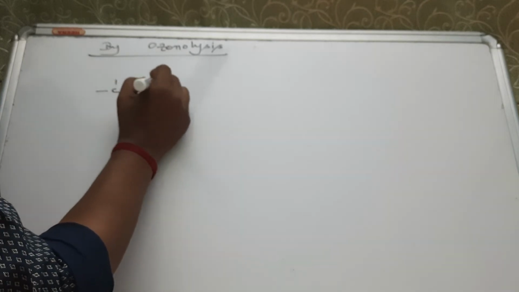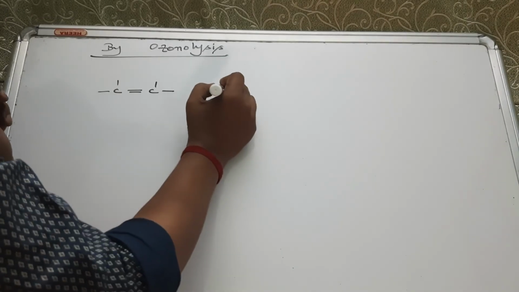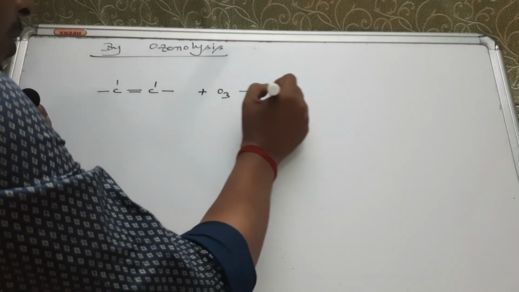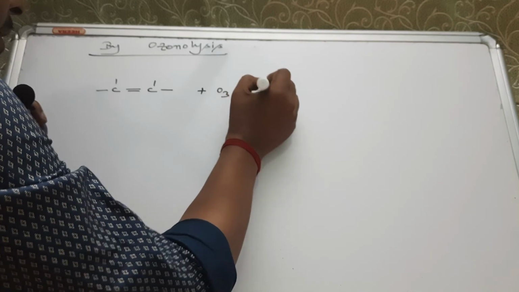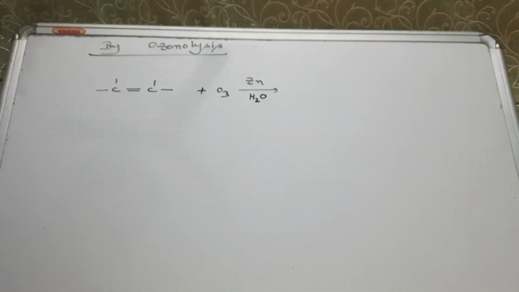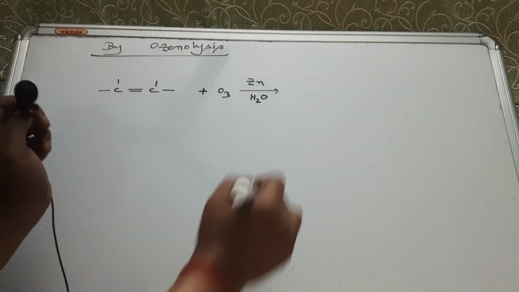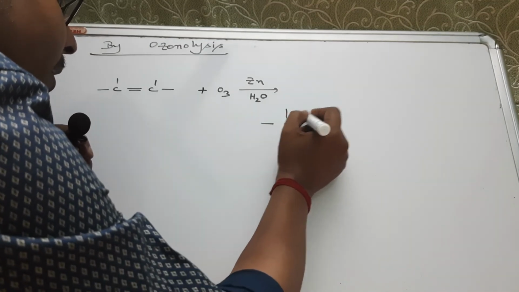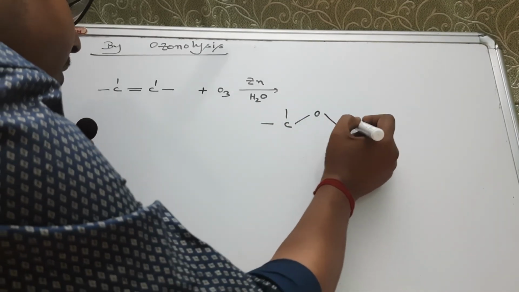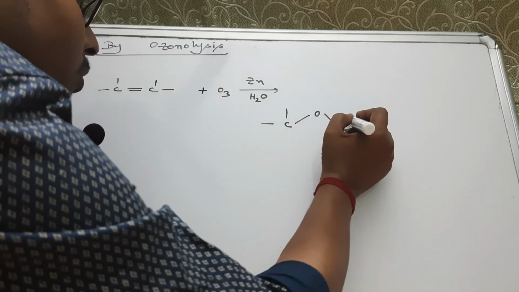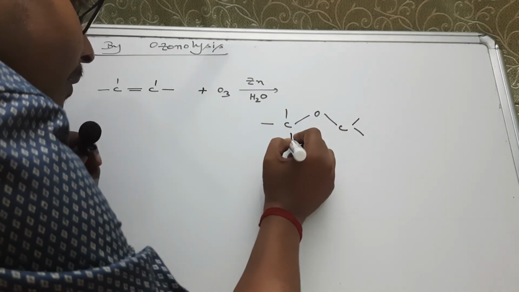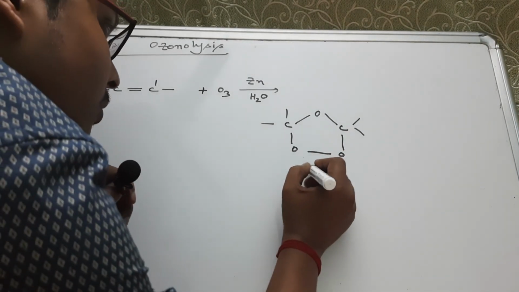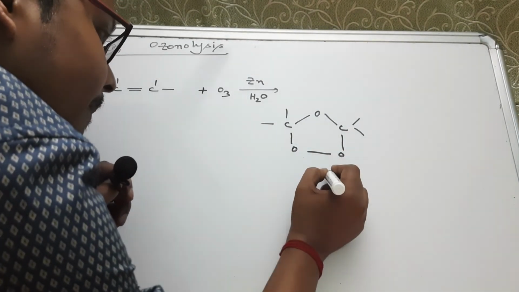this is the alkene, and ozonolysis in presence of zinc and water. In presence of zinc and water, an ozonide is formed. This structure is called the ozonide.